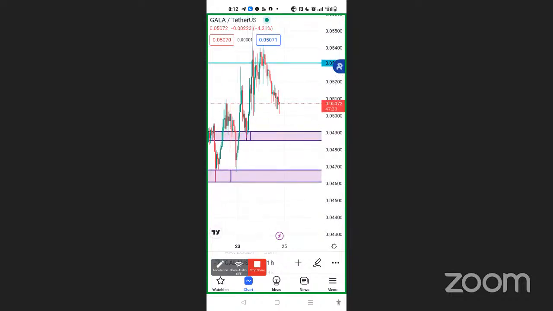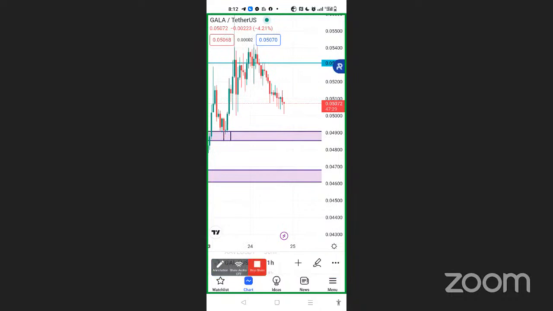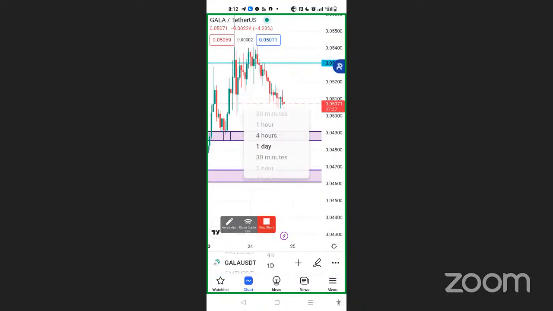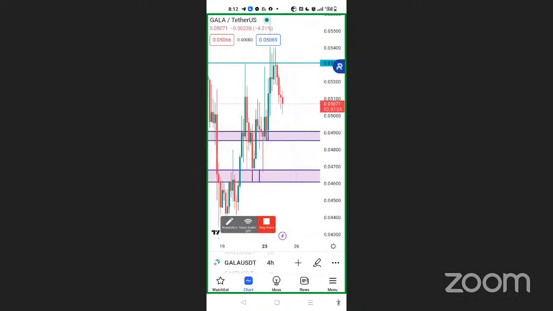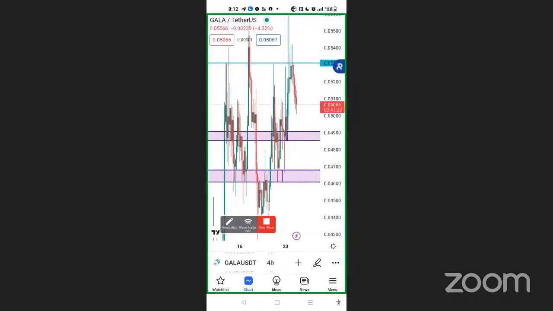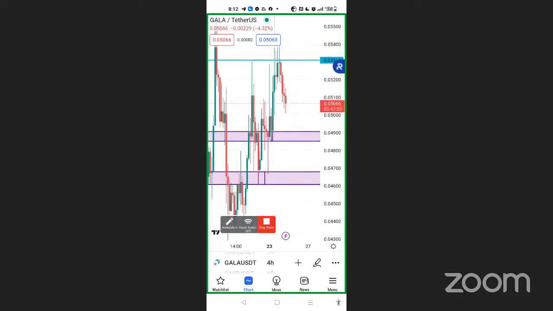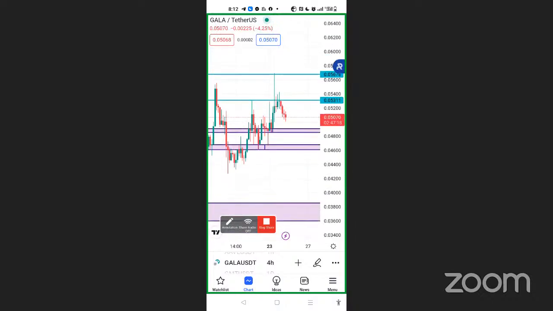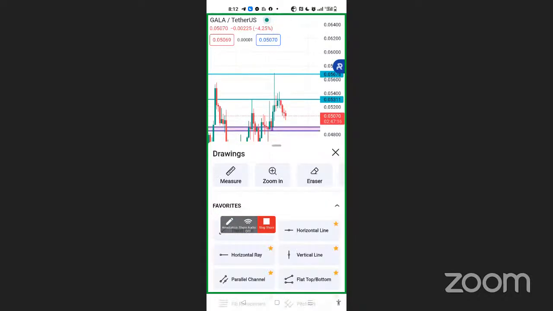So if this is the 1 hour, I'm waiting for the market to reach this point. Now let me attach a parallel channel here. You can draw it either in the 4-hour time frame or in the 1 day. I'll pick a parallel channel.